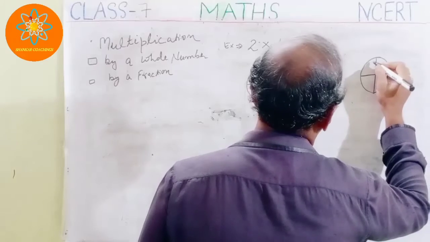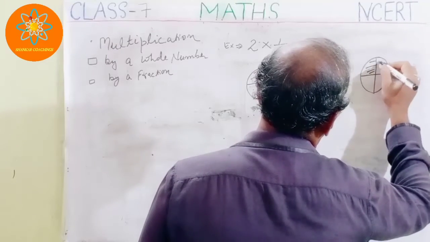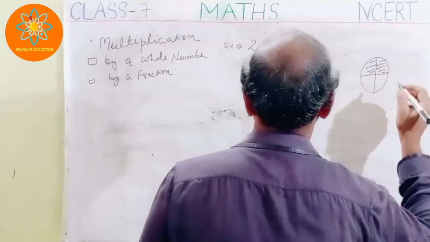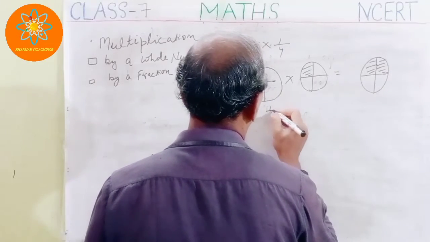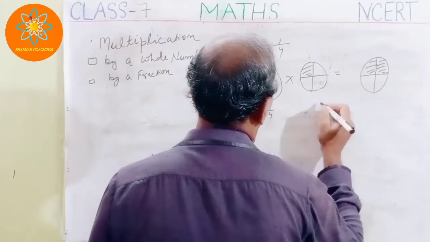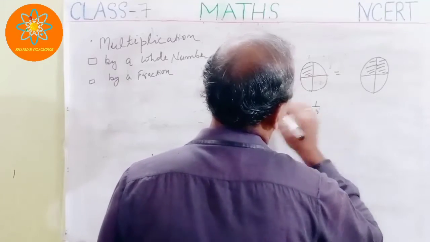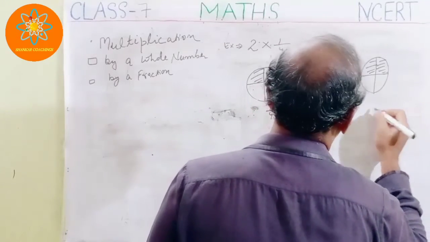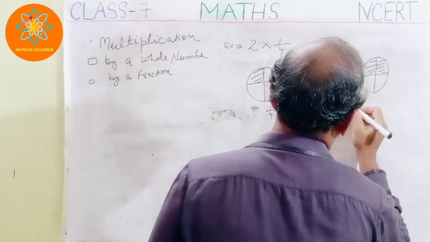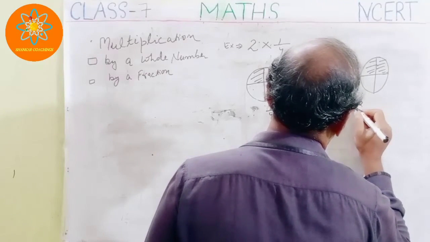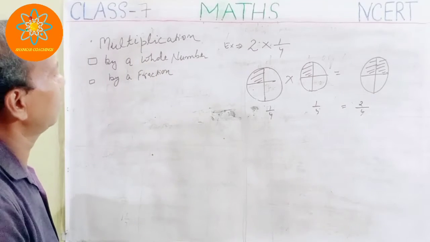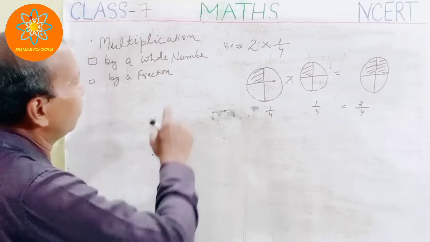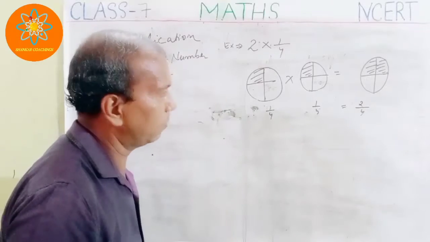The value will be how much? This is 1 by 4, and this is also 1 by 4. 2 times I multiply, so this is equal to 2 by 4. So this is the multiplication of a fraction by a whole number.